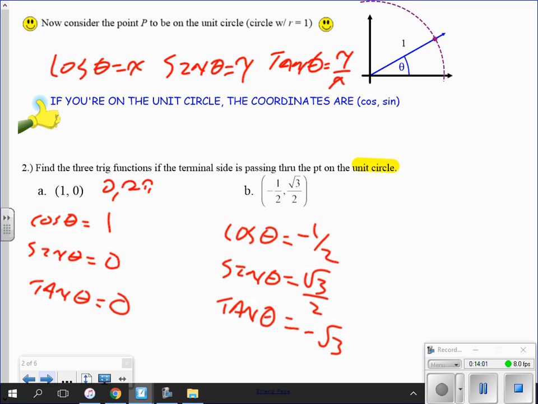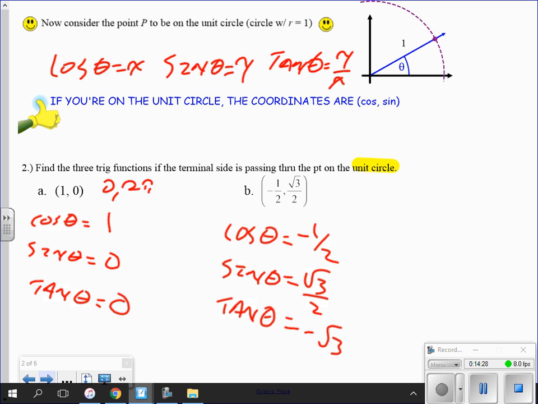Remember, all of them are something over 2. So the values of your tangent are going to be plus or minus 0, root 3 over 3, 1, or undefined.